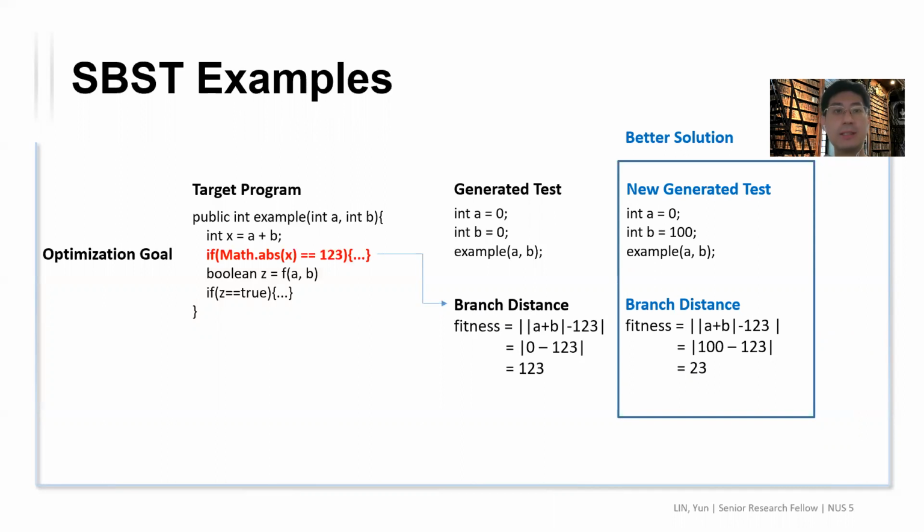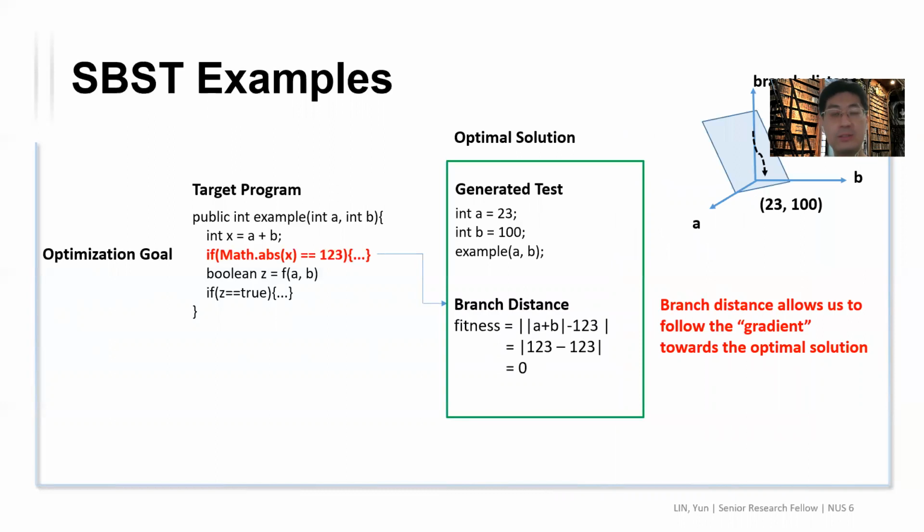It is because its branch distance is 23, which is smaller than 123. Keeping mutating this test, SBST allows us to finally find a test whose branch distance is 0. Once 0 branch distance is achieved, we then have a test covering the target branch.